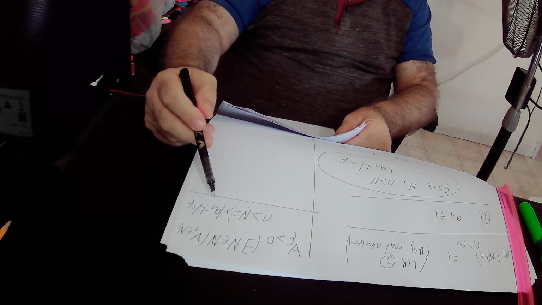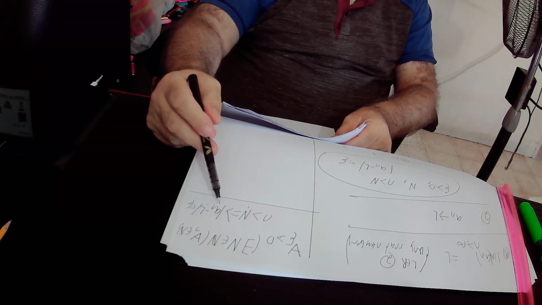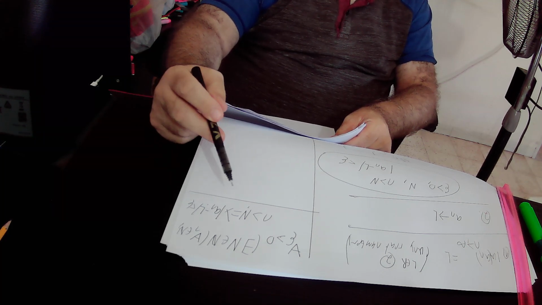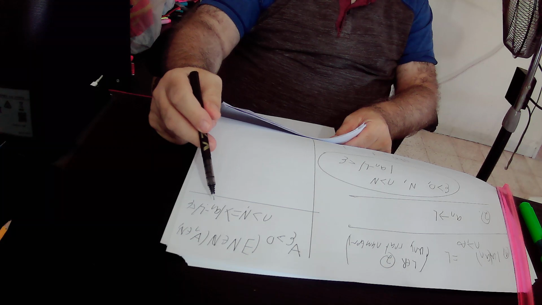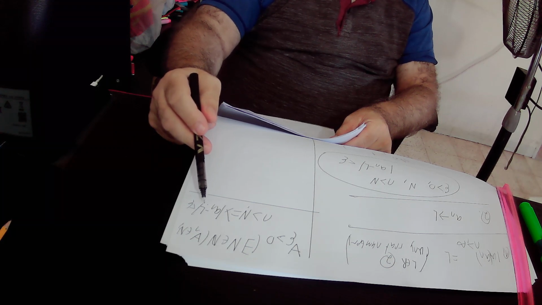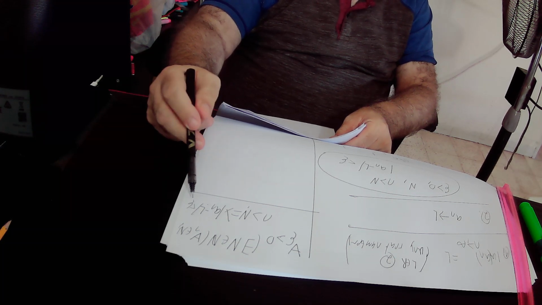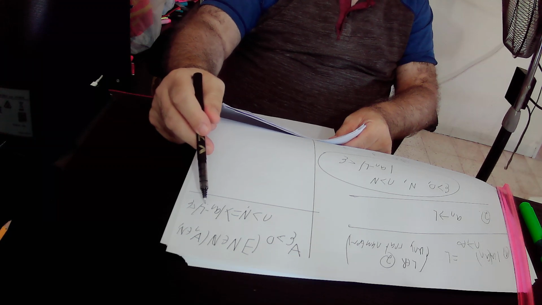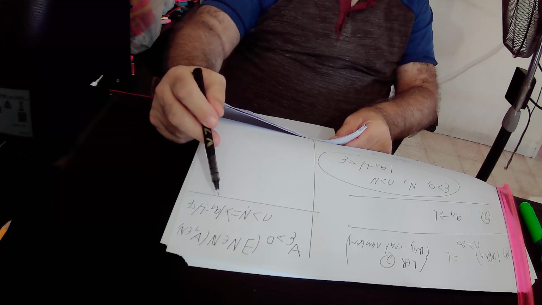Why? Because the absolute value of AN minus the limit L is less than epsilon. It means that from the index N onwards, if you subtract the limit L from any term of the sequence, the absolute value will be less than epsilon.